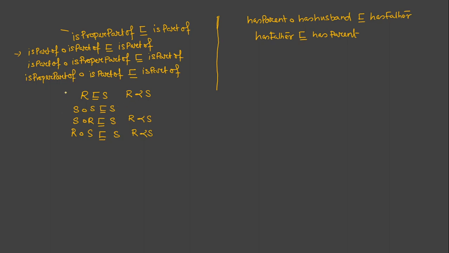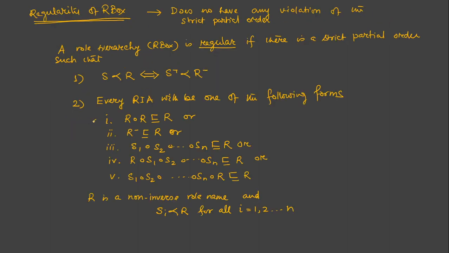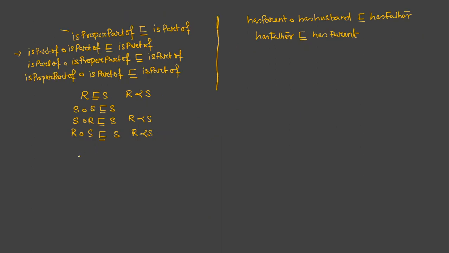And all the forms that you can see are following one of the forms 1 to 5, right? So that's why this is a kind of regular RBox. So this is one regular RBox.